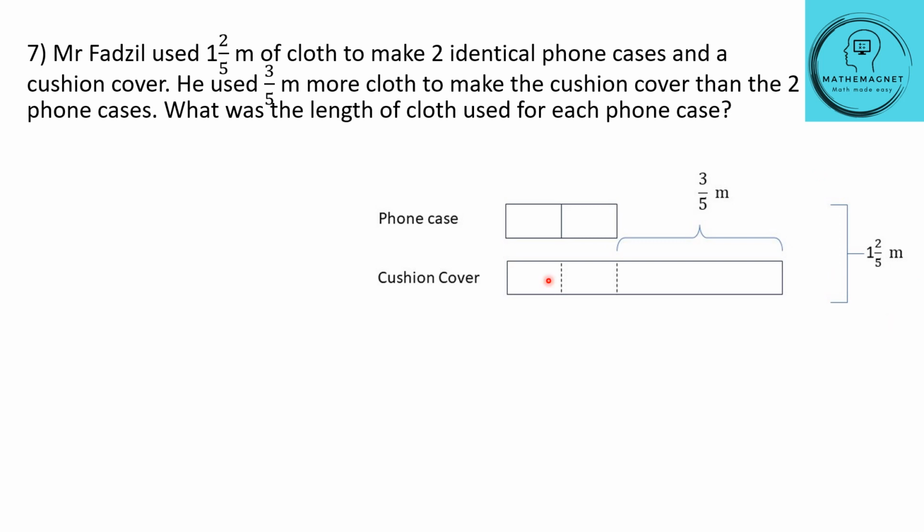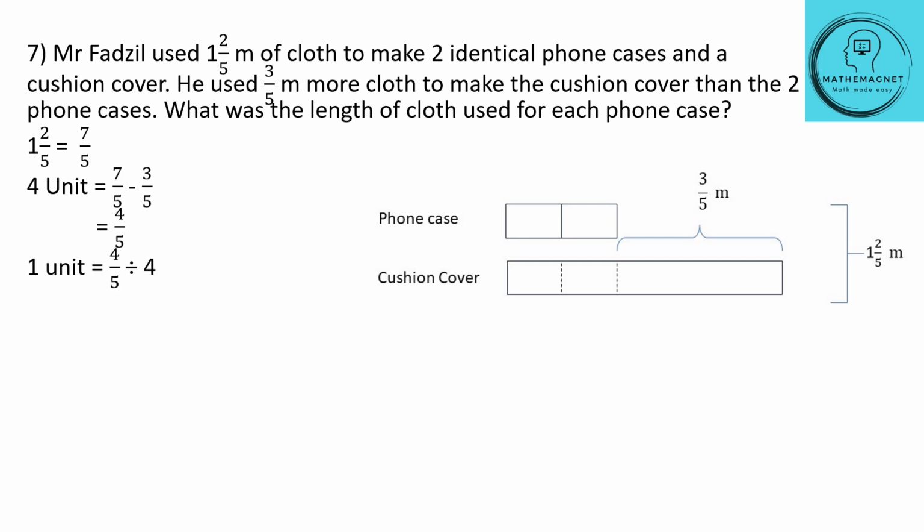Now let us see how to solve. So 2 by 5 meters can be rewritten as 7 by 5 meters. Now 4 units, that is 4 units of phone cases, we know he has made 2 units of phone cases, plus these 2 units, will be equal to 7 by 5 minus 3 by 5, which is equal to 4 by 5.